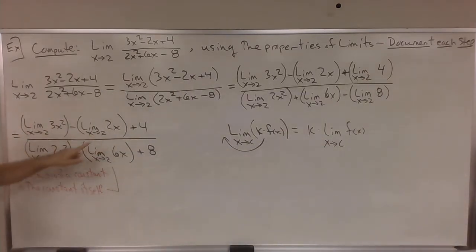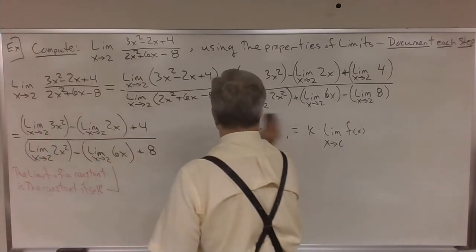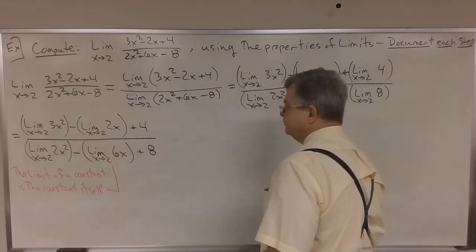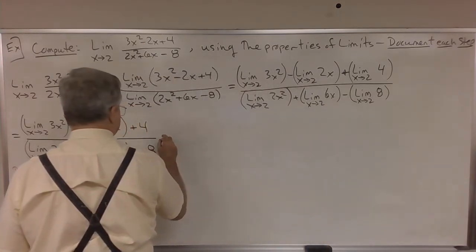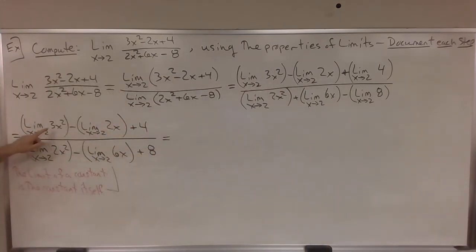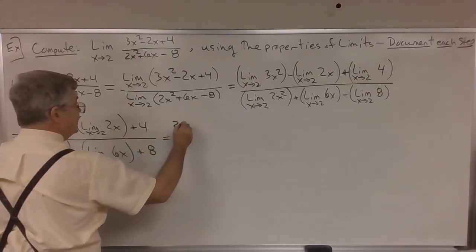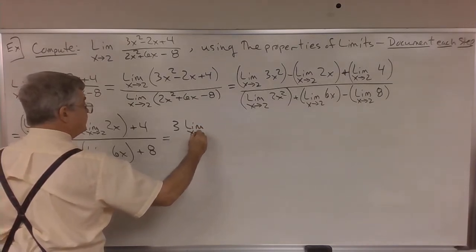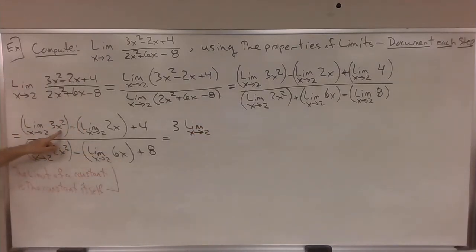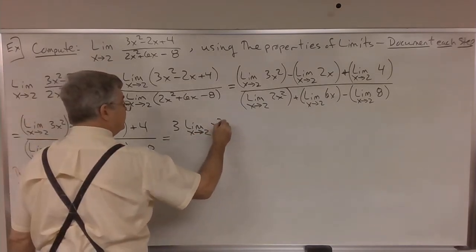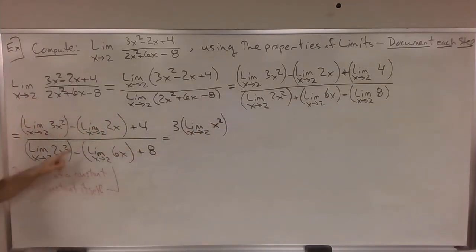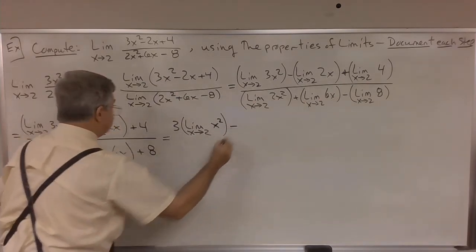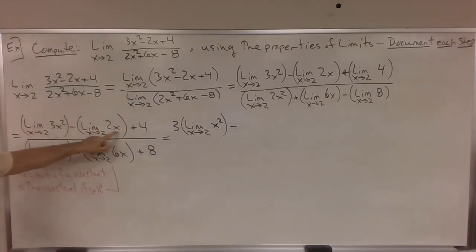So let's apply that to all 4 of these terms, because each one is the limit of a constant times a function. The limit of a constant times a function is the constant 3 times the limit of the function, which is x squared, minus the limit of this constant times the function.